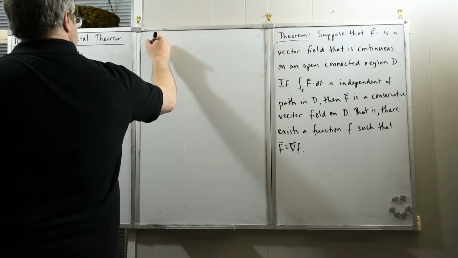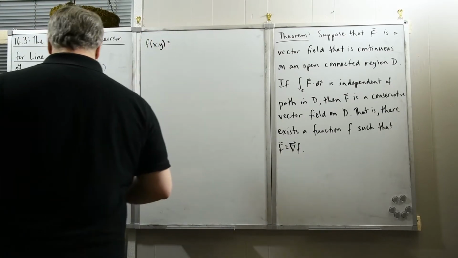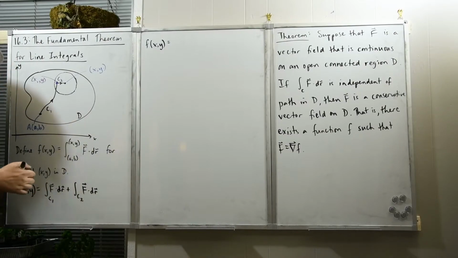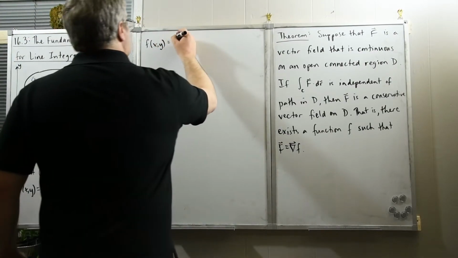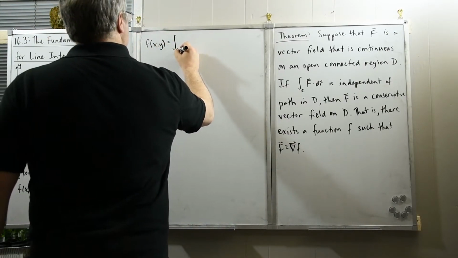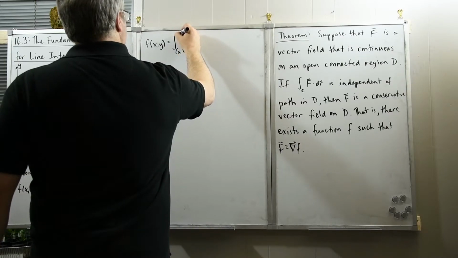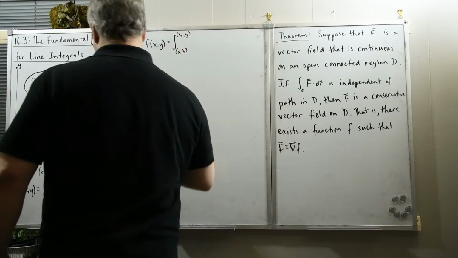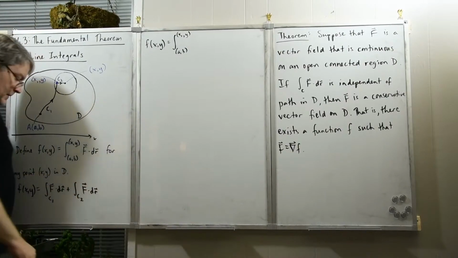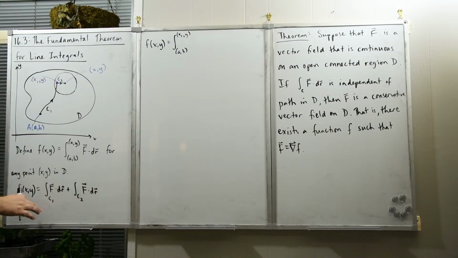So let's get our little f of (x, y). Well, once again, keep in mind what C1 looks like.